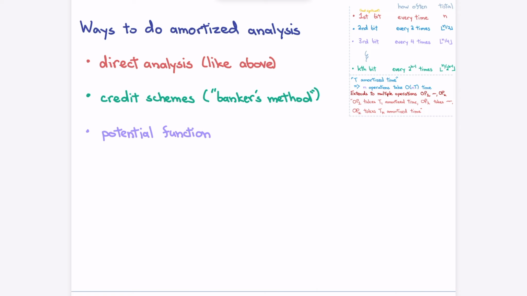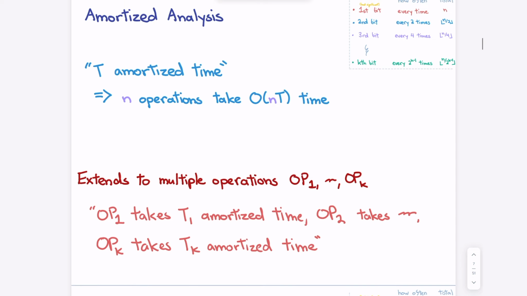They're just tools to help us work through it. So that's what we'll cover: this credit scheme and something called a potential method. Oh, I should mention that when you have multiple operations, T1, T2, T3 may not even be unique.